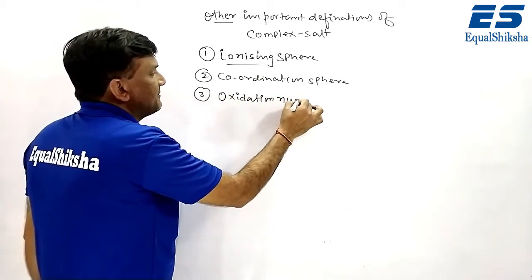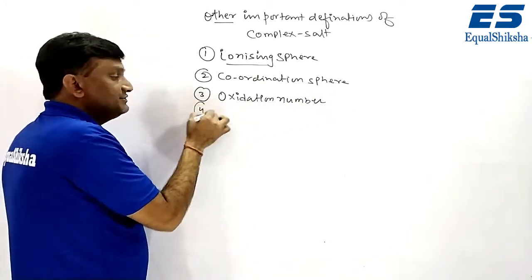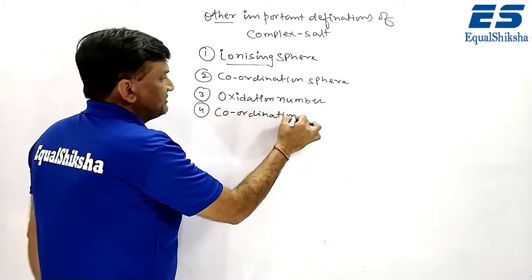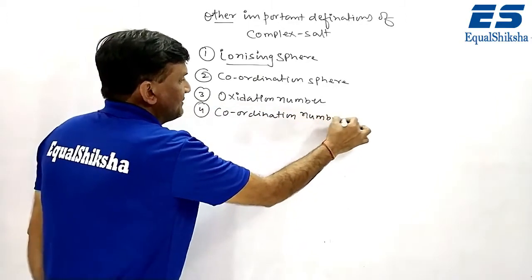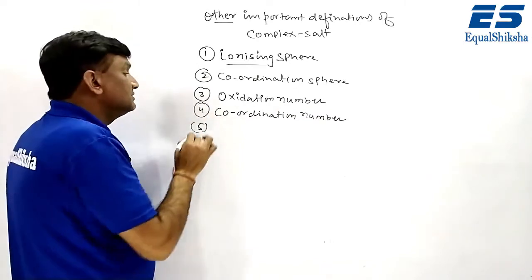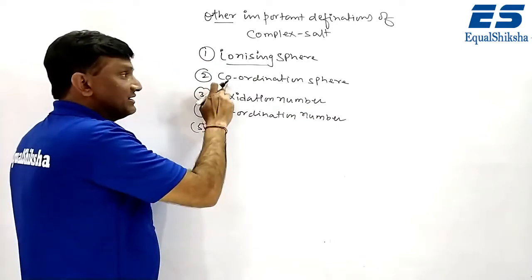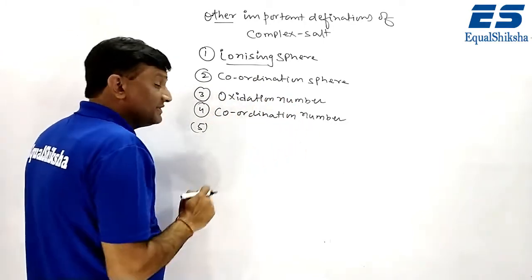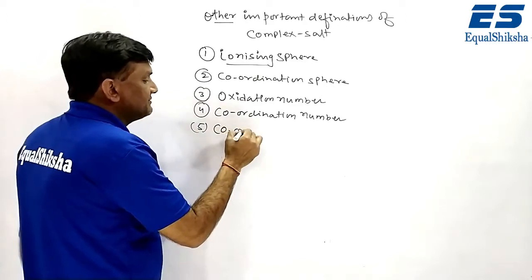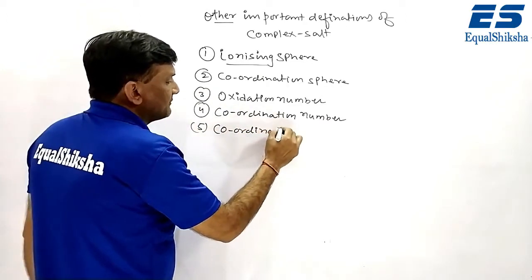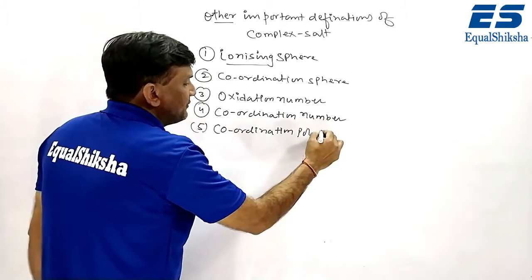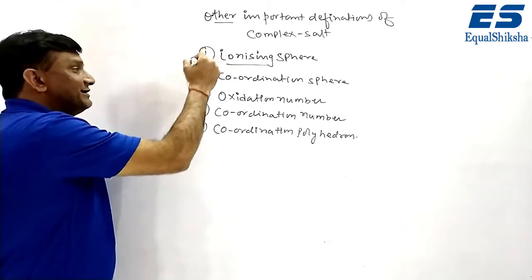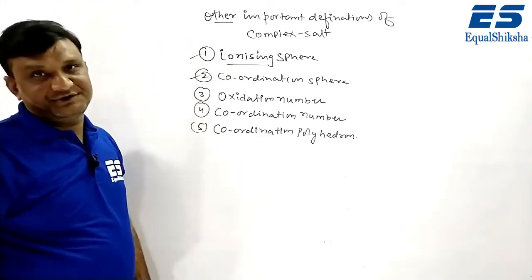Fourth is your coordination number. Fifth topic is your coordination polyhedron. Now we'll discuss jointly the ionizing sphere and coordination sphere.